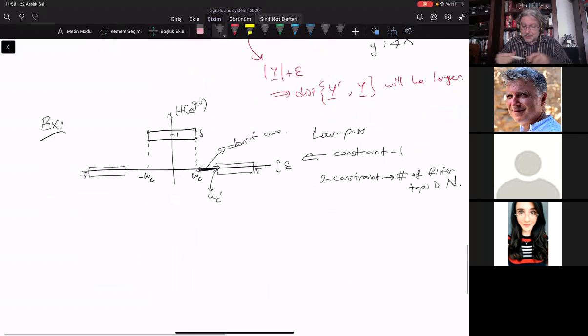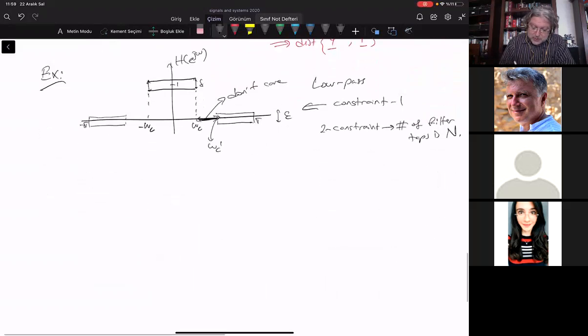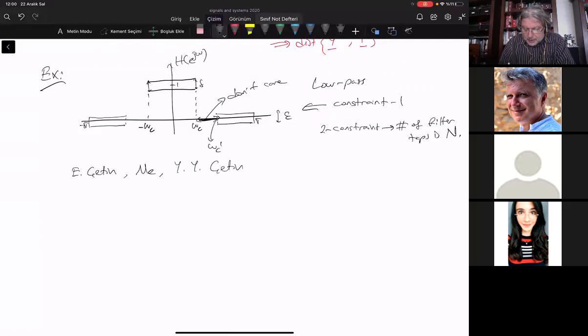And meanwhile, you can also check the paper related to this one, which was authored by my supervisor, Enis Çetin, and me, and I think Yasemin Yardımcı Çetin. I'm not sure whether her surname was Yardımcı or Çetin then, because they are married with Enis Hoca.